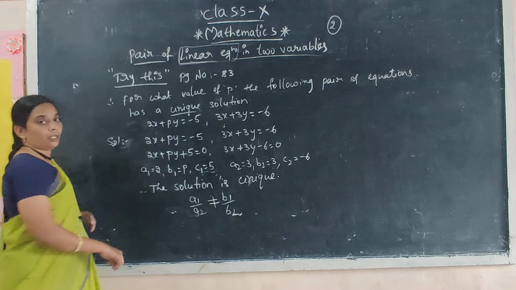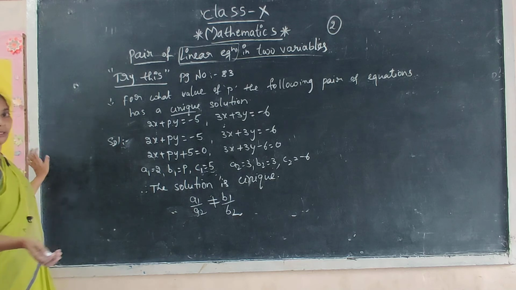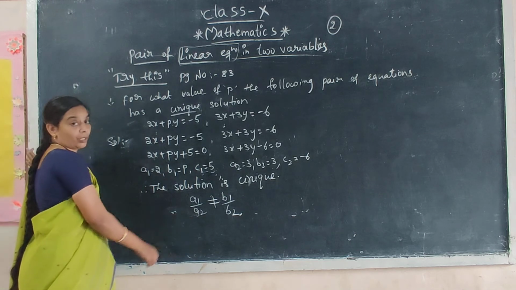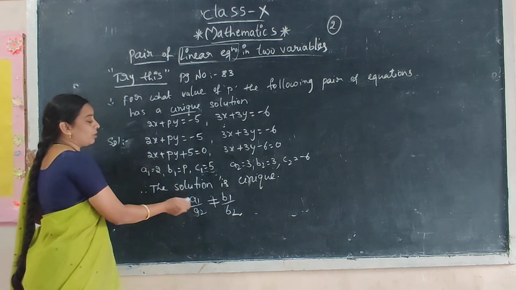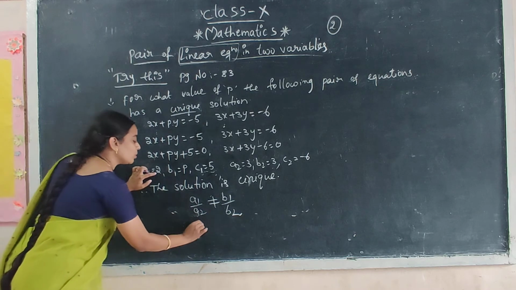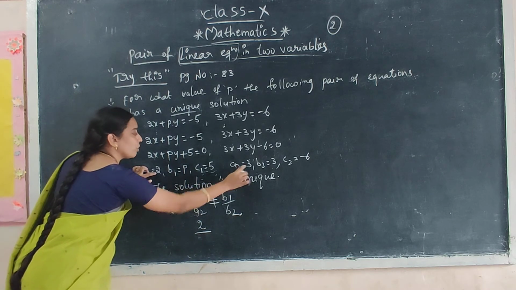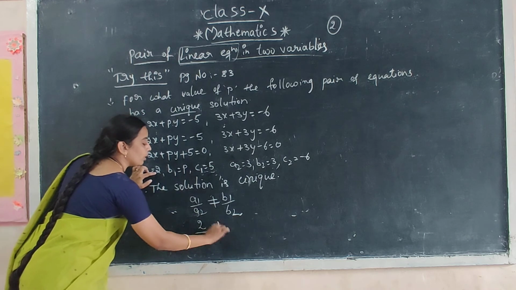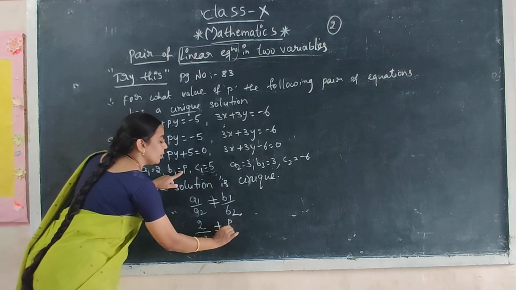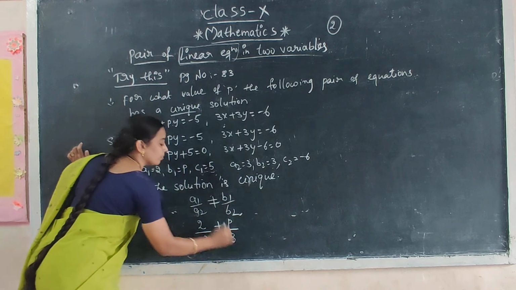Unique or intersecting or consistent, if you see any of these three words, you will recall this condition. Now substitute the values in this condition. A1 value is how much? 2, and A2 value is how much? 3, not equal to B1 value P and B2 value 3.